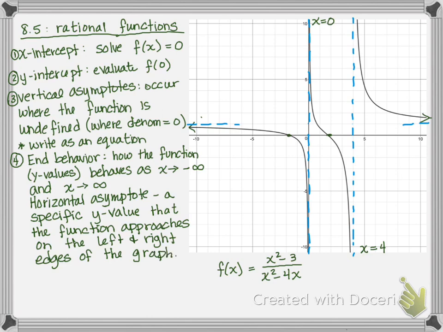Because horizontal asymptotes are related to end behavior, they only relate to what's happening on those edges. So when you look at the right arrow, where is it going? And when you look at the left arrow, where is it going?